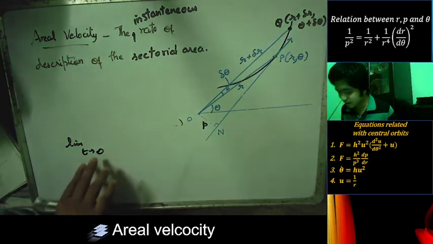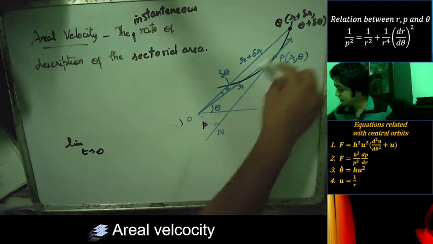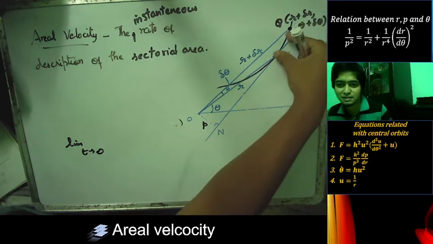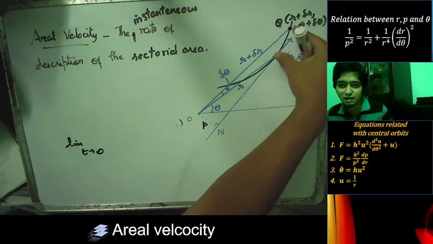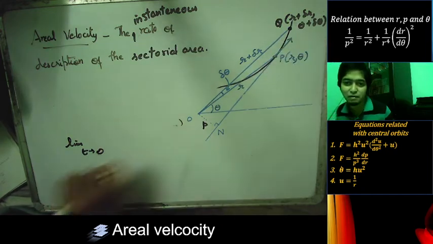But since we are taking such a very small time interval, P and Q are very, very close to each other. Even though in the picture it's showing that they are quite far, just know that they are very, very close.